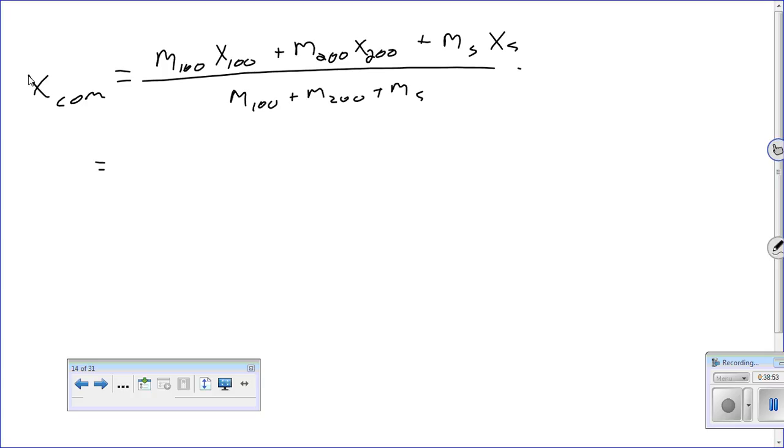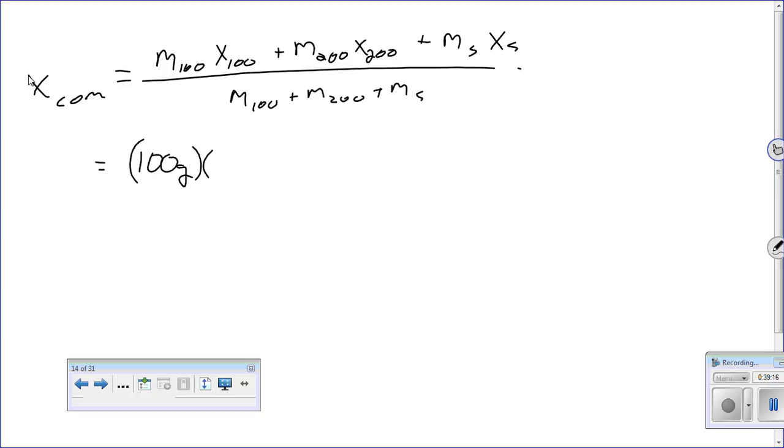All right, now, it turns out, does it matter what units I measure my mass in? No, because they're going to cancel, right? Okay? As long as I'm consistent and always use the same units for mass, I'm good. Same for position. Okay? So, here we go. The mass of the 100 is 100 grams.